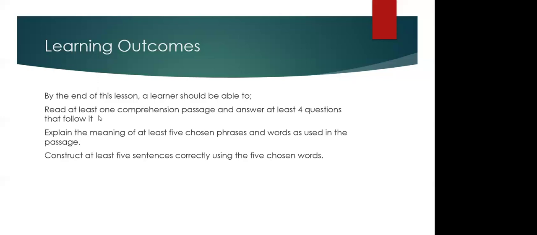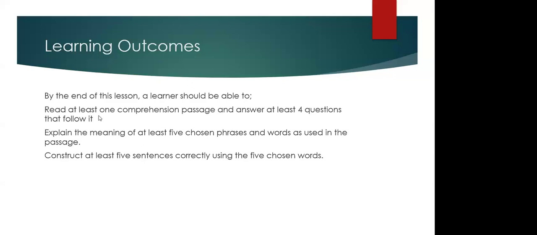Sometimes you will find 5, other times 4. Those words are chosen for you to replace. Your teacher will ask you to explain the meaning of the words or phrases as they are used in the passage. We shall get the different tips on how to answer those words. And then to show understanding of the chosen words, I will expect us to construct at least 5 sentences correctly using the chosen words.